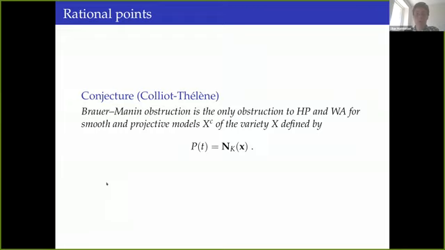He conjectured that the Brauer-Manin obstruction should be the only obstruction to the Hasse principle and weak approximation for smooth and projective models of the variety defined by the equation we just met.